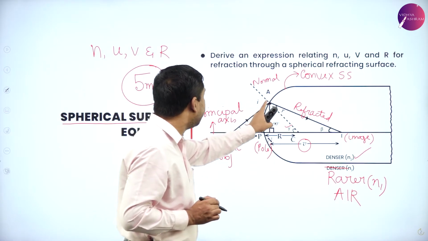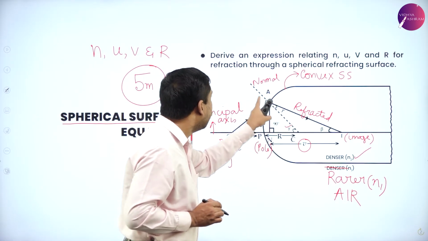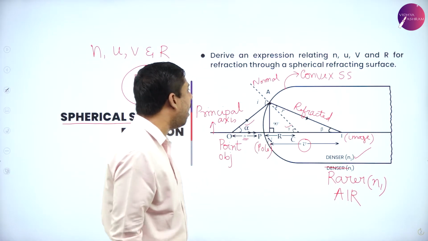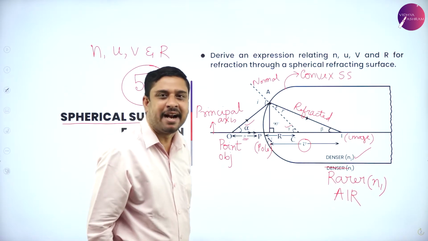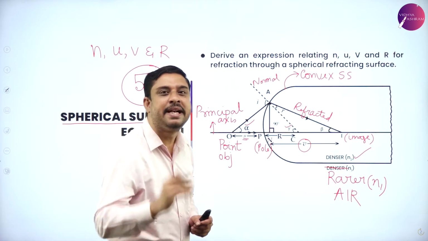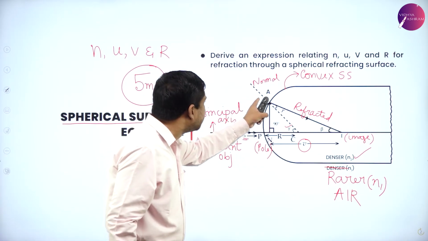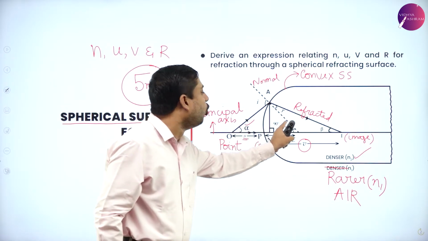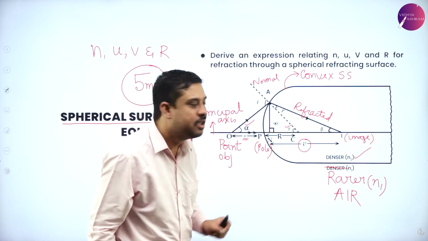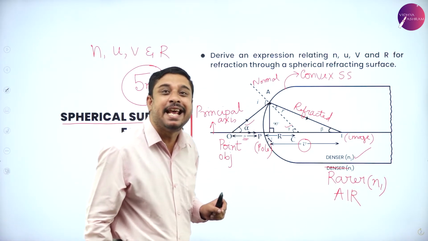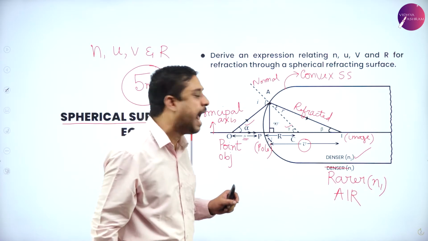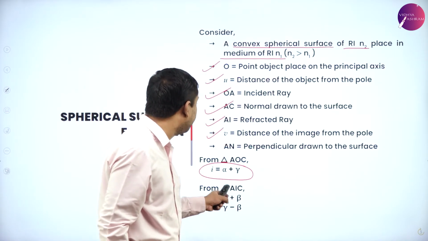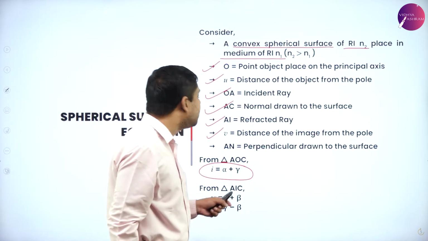Please observe that expression. From triangle AOC, I am calling i as alpha plus gamma. How did I do that? My simple geometry says the exterior angle is the sum of the two interior angles. So i, which is an exterior angle to the triangle, is alpha plus gamma. Therefore, I have written alpha plus gamma.